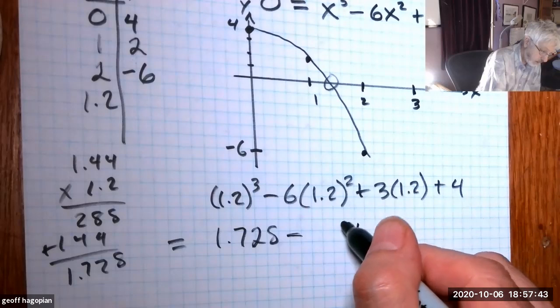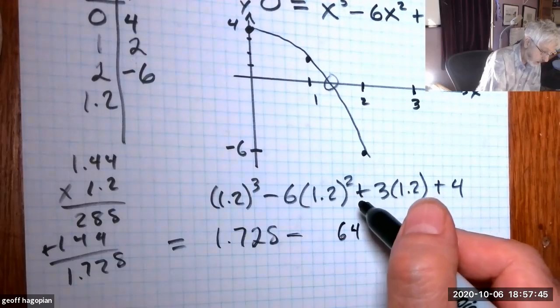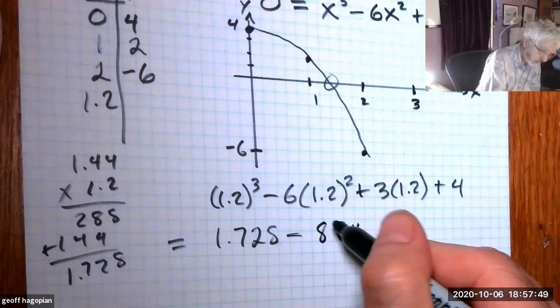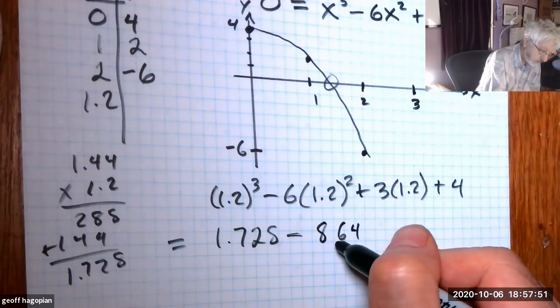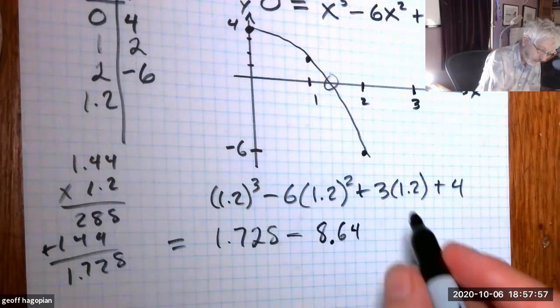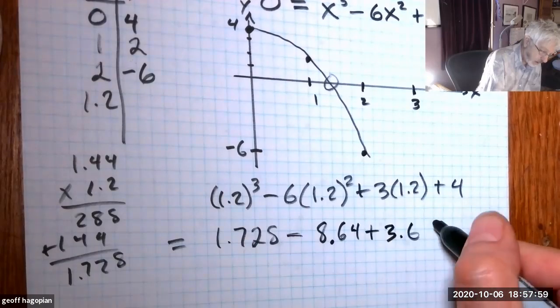Carry the 2, 26. Carry the 2, 6. And 2 is 8. Yeah, I think that's about right. I think it should be exactly right. Plus 3.6 plus 4.